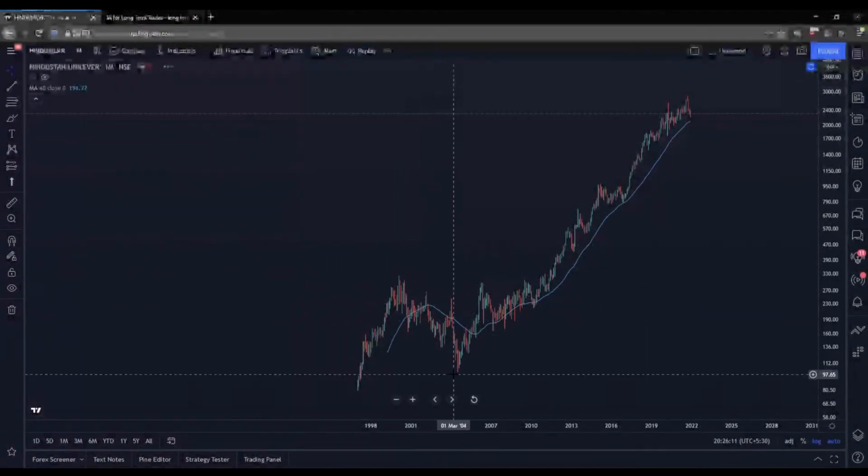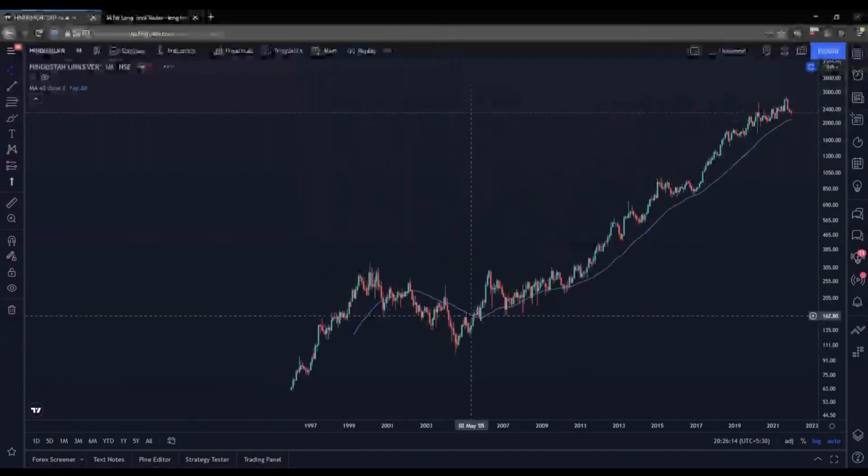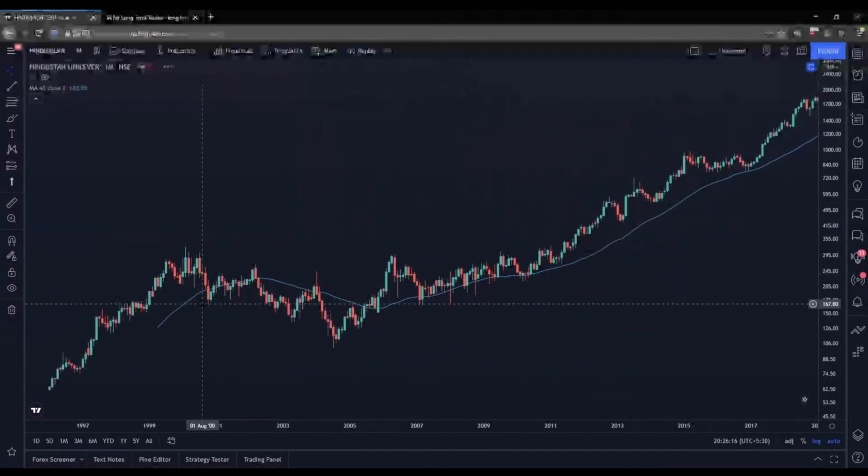HUL itself was in a downtrend, which in weekly charts you'll see all kinds of reversals here, and you'll think, okay, it's reversing, okay, reversing. When in reality, it reversed many years ago in 2004. And with moving averages, I'll just change the moving average setting.